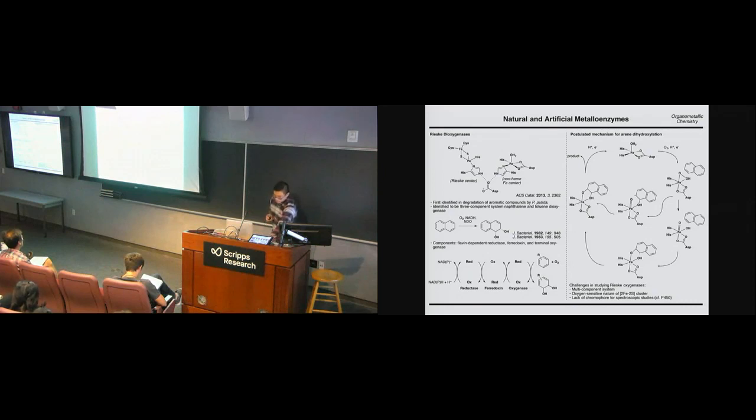The mechanism for the aromatic dihydroxylation has not been elucidated in full detail, but I think there is some evidence that leads to the following postulated mechanism. So the catalytic cycle would again start from the following iron species, similar to what you've seen in the P450 and the alpha-KGs.